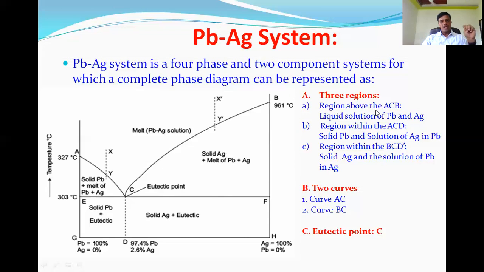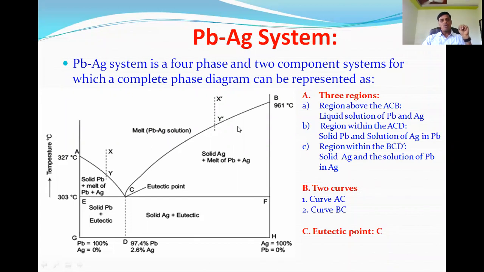Number one, area. In this phase diagram, we can observe three different areas, and these three different areas are the area above ACB, the area below ACD, the area below BCD, and three different areas correspond to the three different phases.